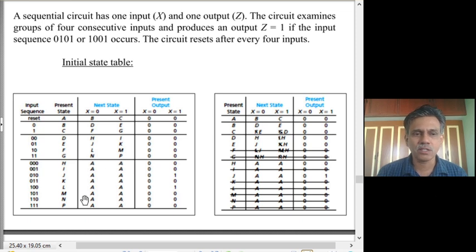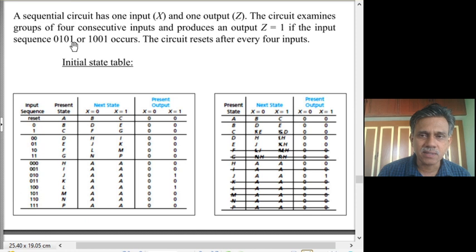So this part is now much simpler. And what is the way in which you have to produce the output? That depends upon what input you are getting and whether one of these 2 patterns has occurred. So for this pattern, you should be in a state that corresponds to the 3 bits 0 1 0.